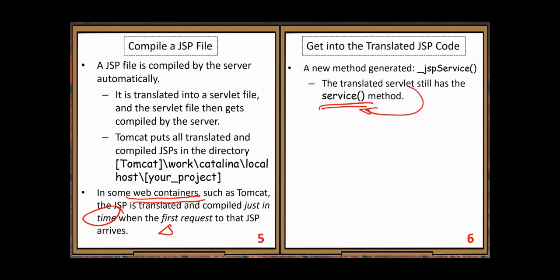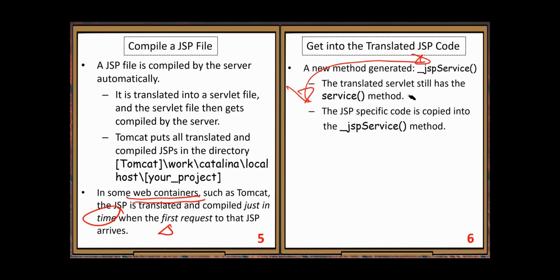But the question is, what is the relationship between these two methods? We want to understand the relationship between these two methods. There is a concept called JSP specific code. At this point, we only know one type of JSP specific code, scriptlets, right?